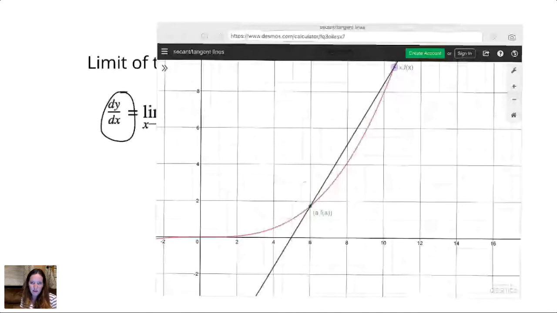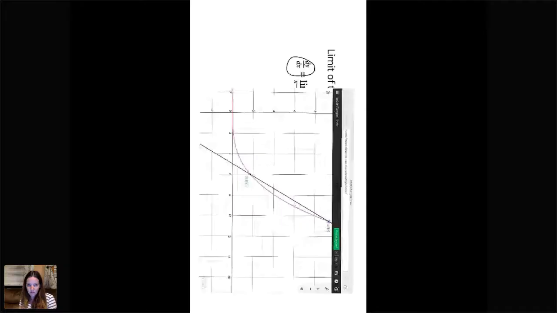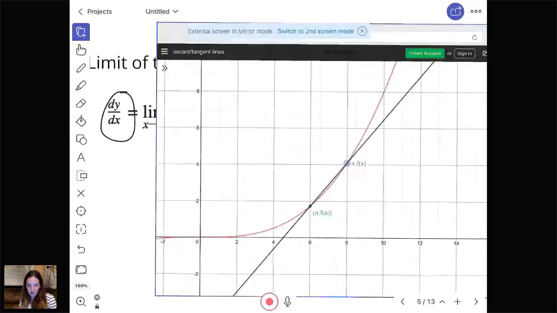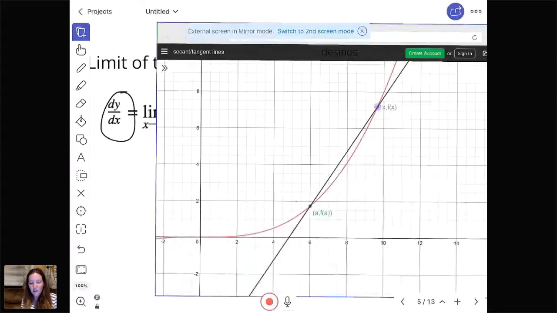Well, the theory there is I take that purple point at the top, and you want to slide it down so that it becomes closer and closer to that a, f of a, until they're right on top of each other. Oh, there we go. All right, so I'm taking that x, f of x.